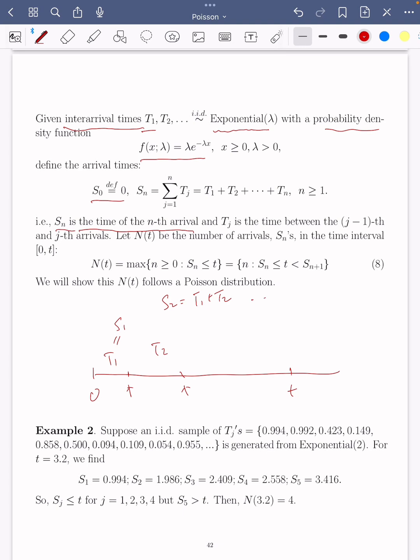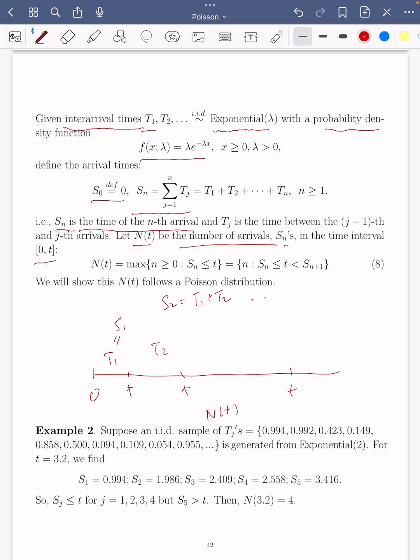So in general, S_n is equal to the sum of T_j when j runs from 1 to n. And N_t will then be the number of arrivals S_n's in the time period from 0 to t. So N_t is here.